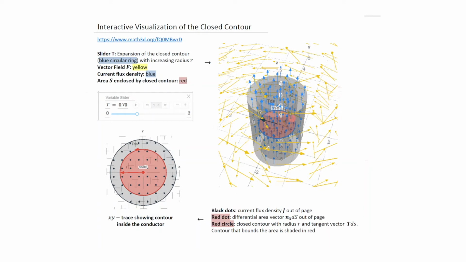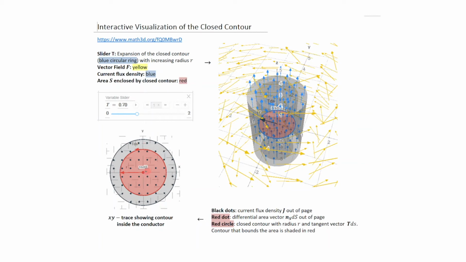I can also do a trace, where I'm just cutting through and looking down on the XY plane. For this particular case, I'm just showing inside the contour. So for instance, if this exterior shell is as far as the current flux density goes, these dots represent the direction of the current flux density pointing out of the page, which is in the z-hat direction.